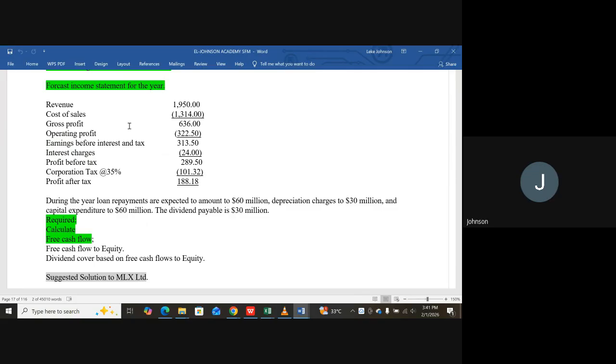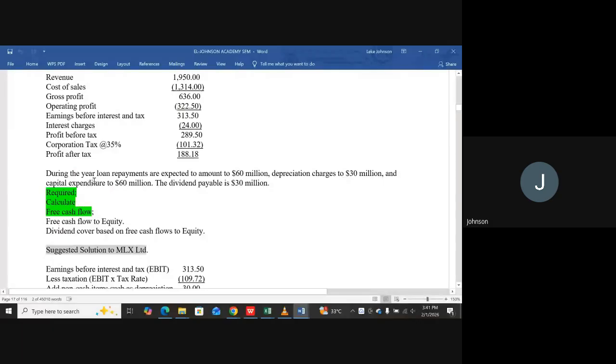So now, once that is said, let's move ahead. The next thing we're going to do is, once you pick your earnings before interest and tax, then determine, are you doing free cash flows to the company, or are you doing free cash flows to only the equity holder? So let's now check this.